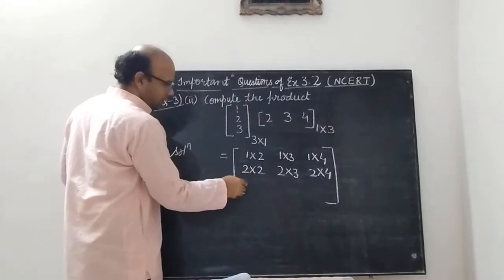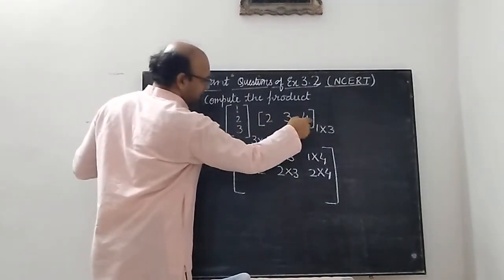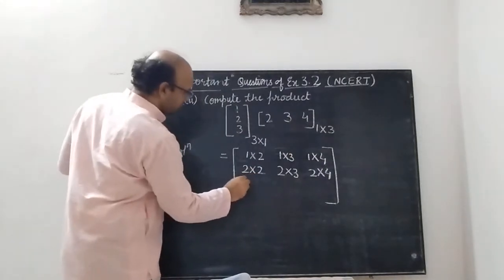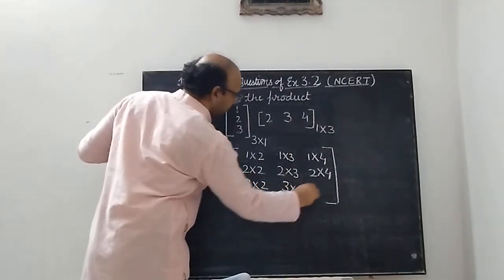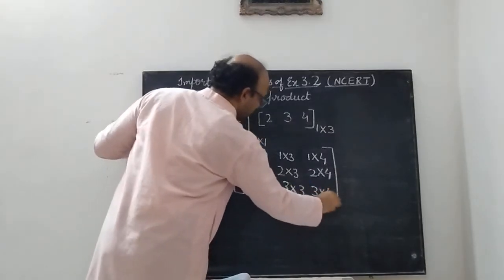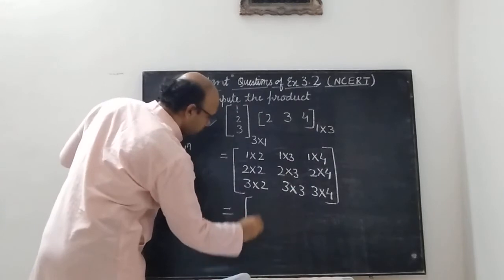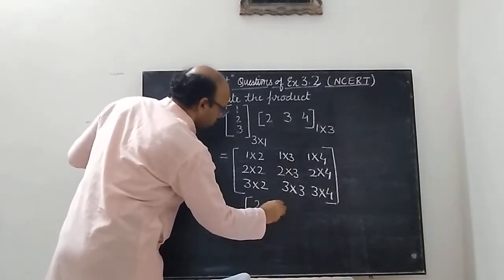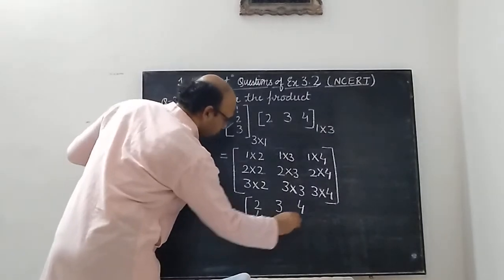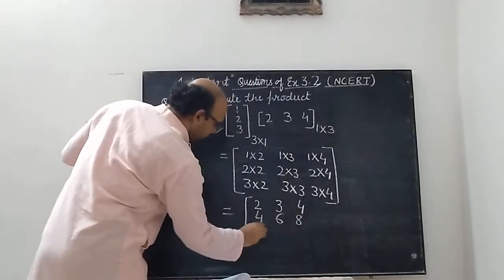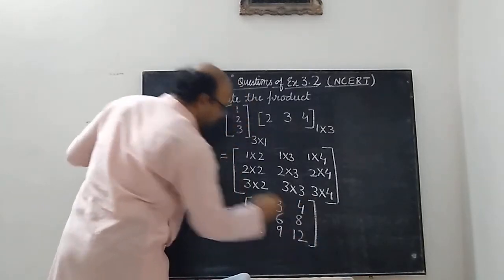Similarly, to obtain the third row, we take 3 cross 2, 3 cross 3, and 3 cross 4. So what we get is 2, 3, 4, 4, 6, 8, 6, 9, and 12.